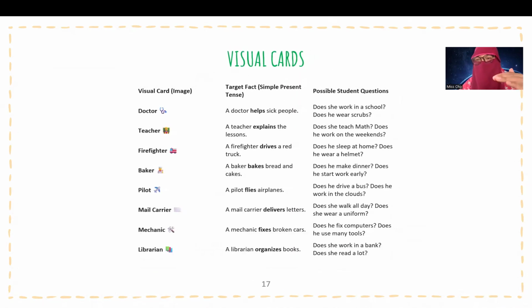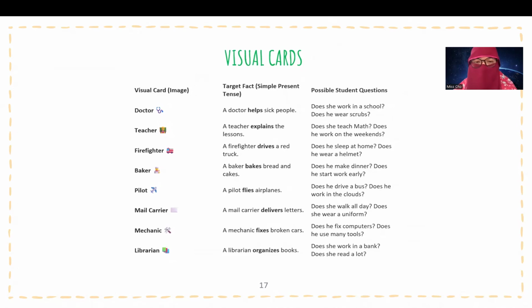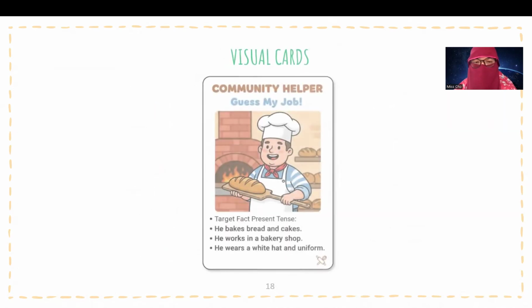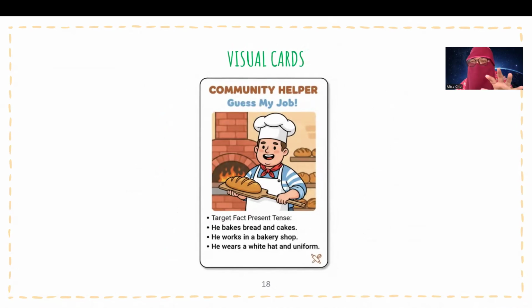These are the sentences on the visual card. If the picture is about a doctor, the student will ask, does she work in a school, or does he wear scrubs, something like that. This is the example for a baker.